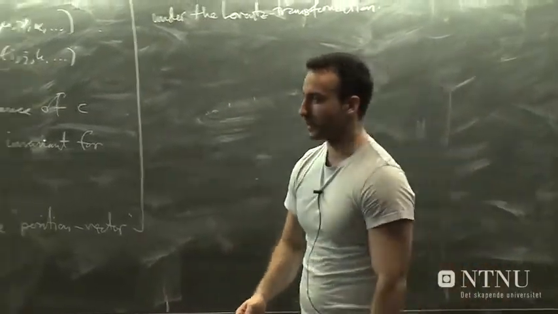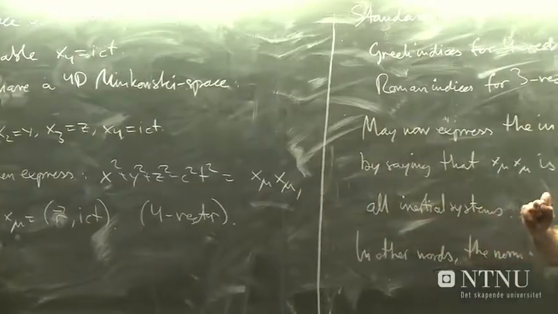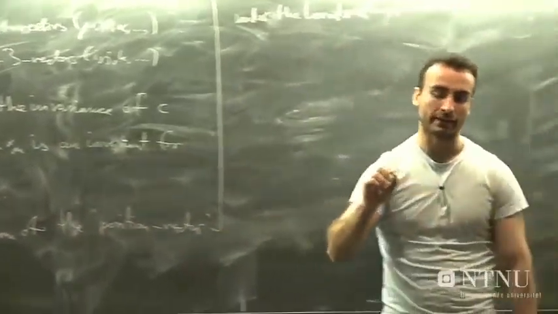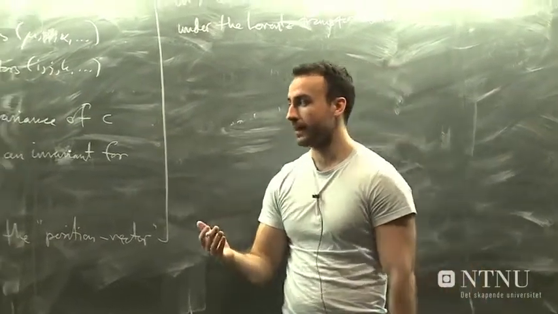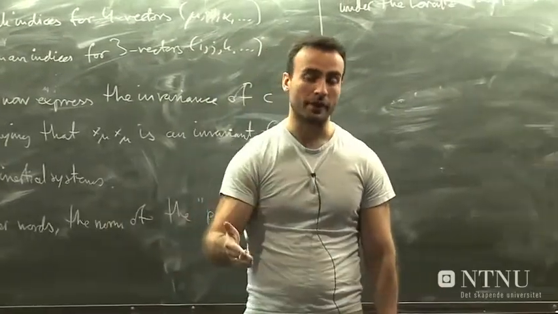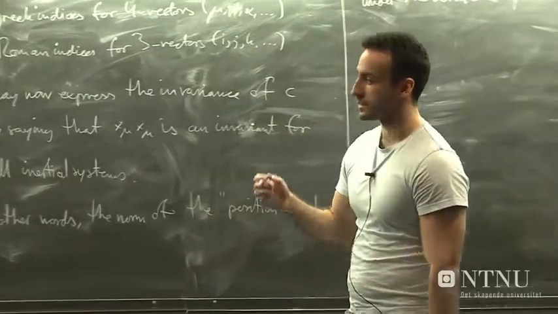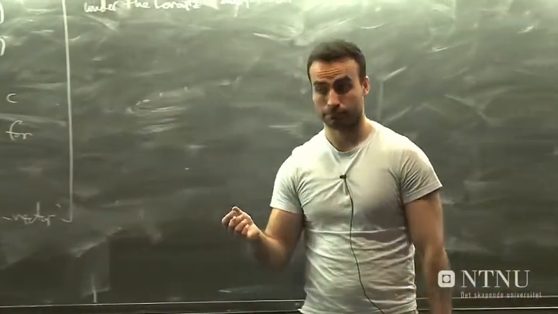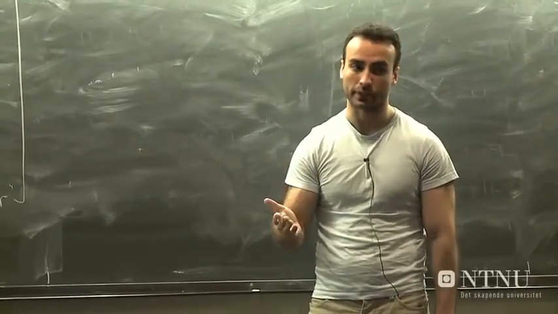So let me just briefly comment on this. Some of you may be accustomed to seeing this written as x lower index mu times x upper index mu. And this would be known as the product of a covariant and a contravariant 4-vector. Now, I will say more about this probably in the next lecture, where we discuss different choices of metric.